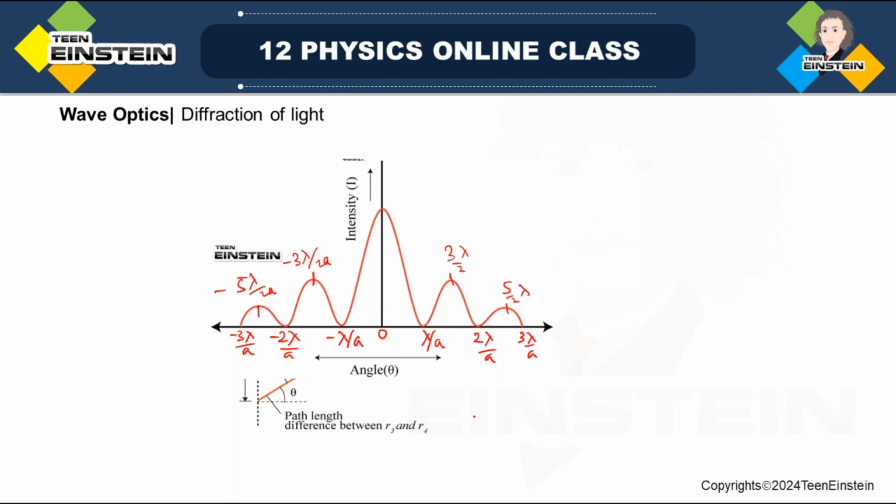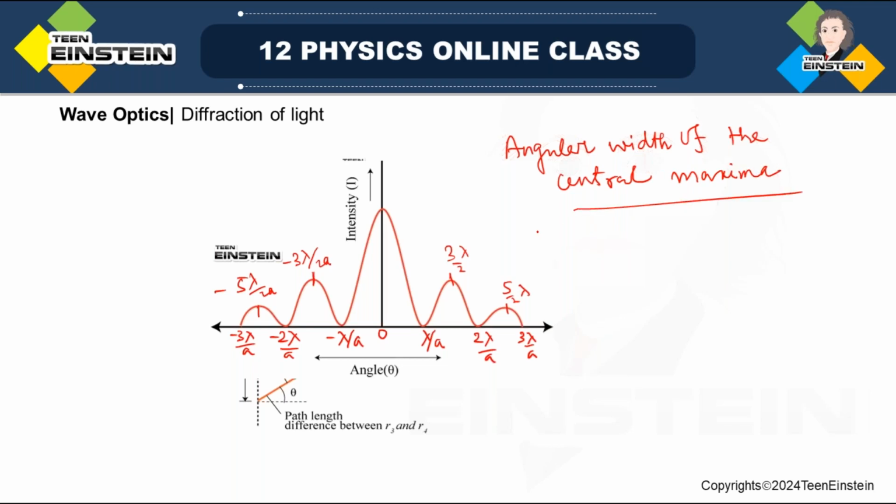Now, what is the angular width of the central maxima? If you know this, you can find out that this is the angular width, that means 2 lambda by a.